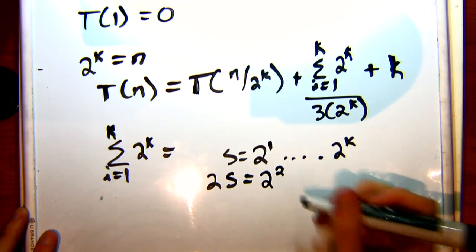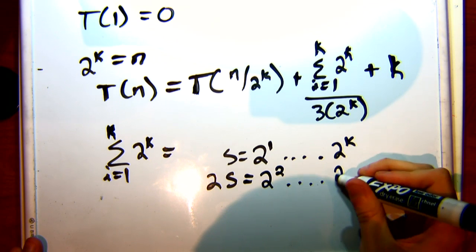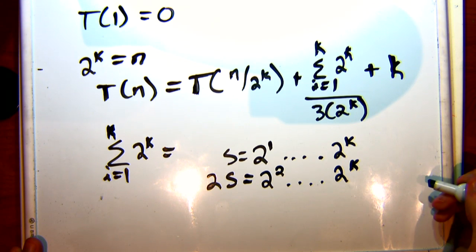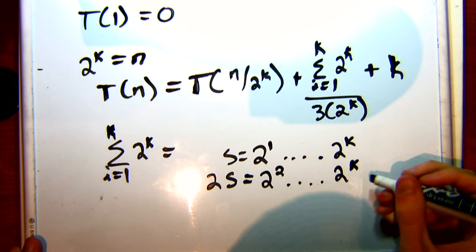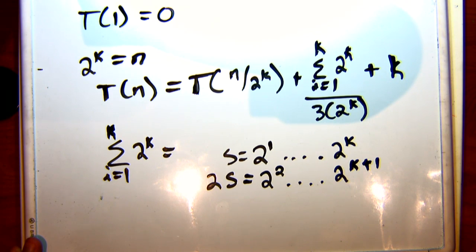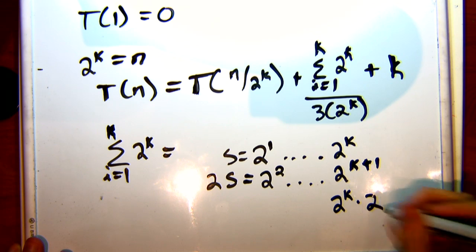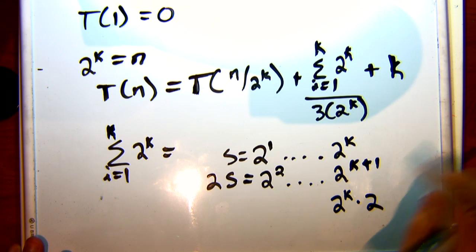And what's going to happen is it's going to increase all of those powers by 1. So 2S is 2 squared, so that 2 to the first plus 1, all the way up to 2 to the k plus 1. Because 2 to the k plus 1 is basically 2 to the k times 2, because you add those exponents.